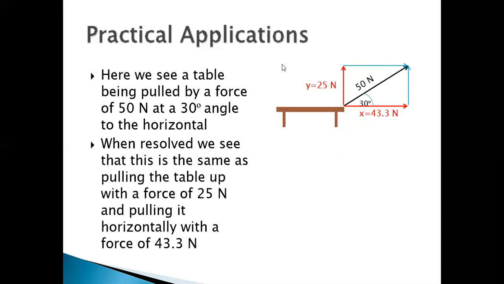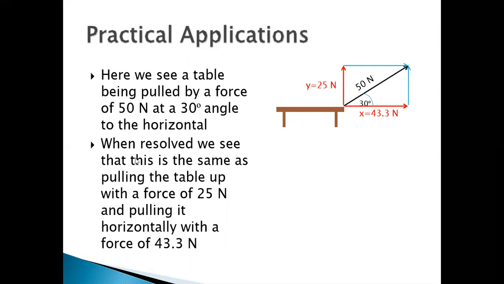So this is our table here, and the force of 50 newtons is applied to it, pulling at an angle of 30 degrees. So you can see vector y is 25 newtons, and here we've got x equal to 43.3 newtons.